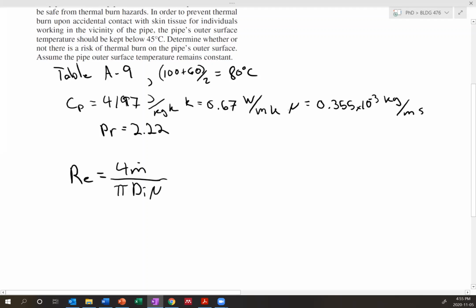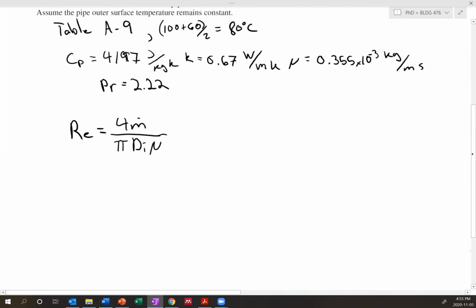That is mu, which is, I think, viscosity, and viscosity and density are wrapped up in this.